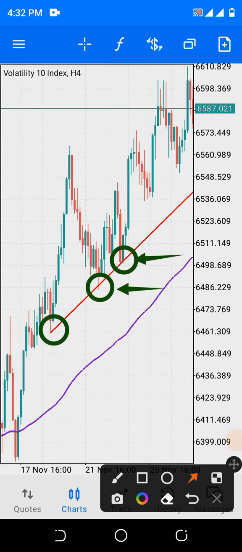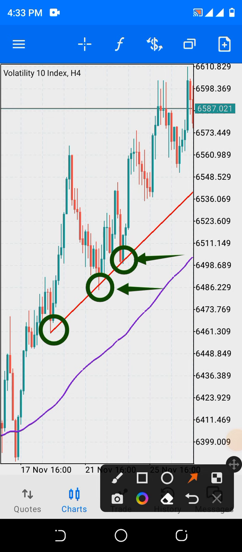So you use the first 2 higher lows to establish a trend. You use a trend line to join the two first higher lows, then extend that trend line.